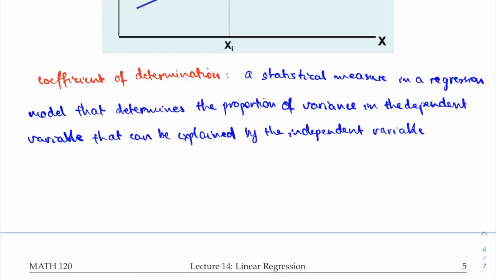In other words, the intuitive idea of the coefficient of determination is that it tells how well the data fits the model.